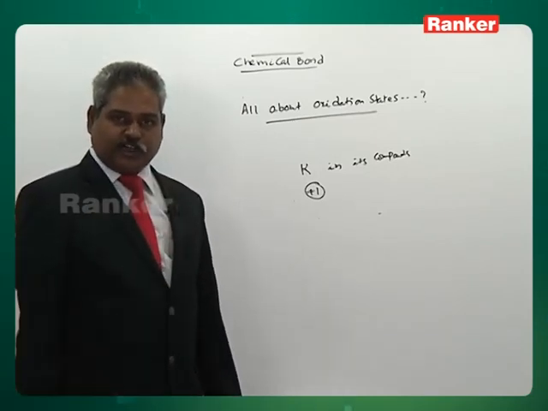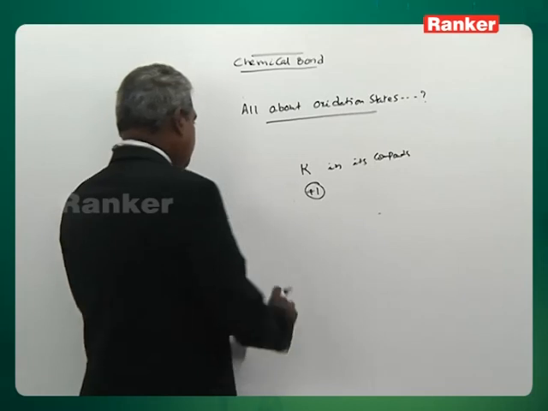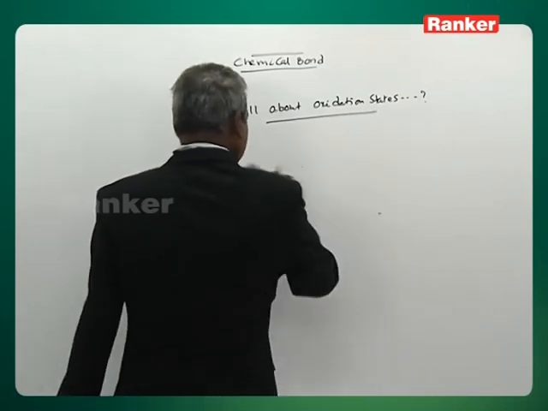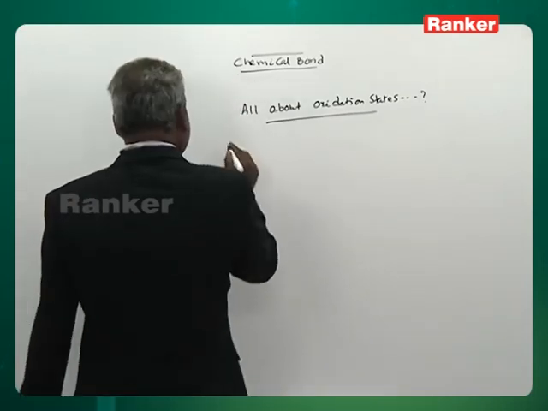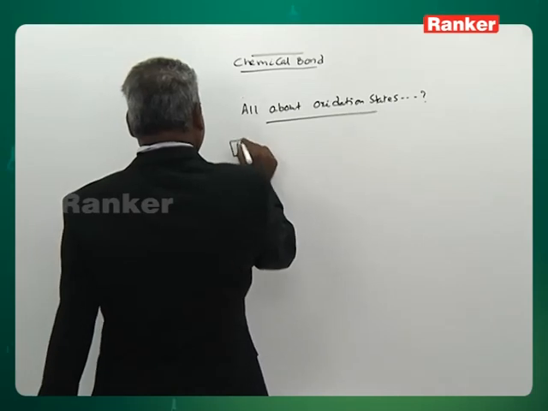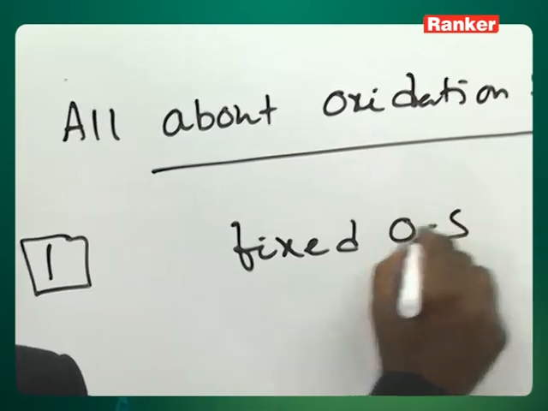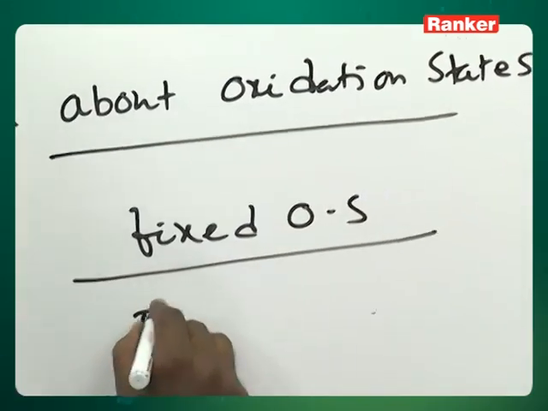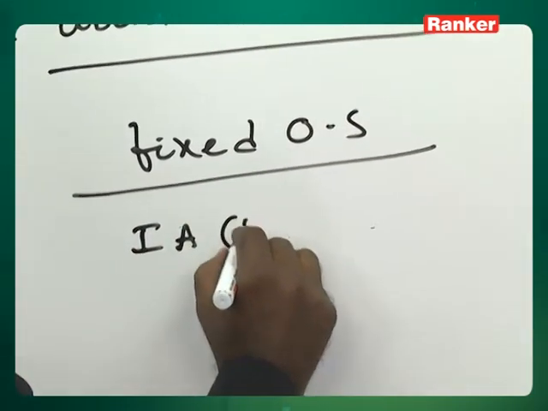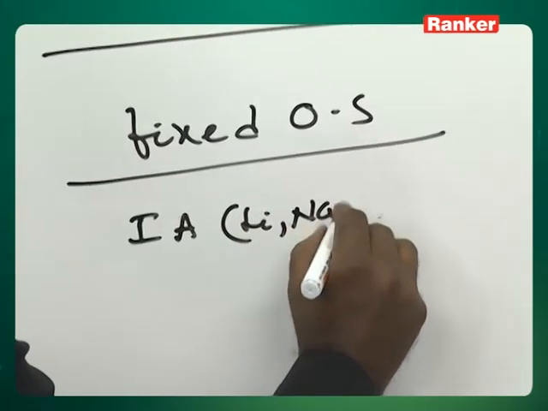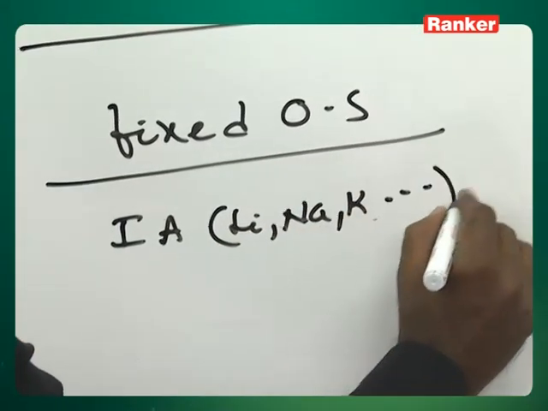So let us first draw the rules. Which elements have fixed oxidation states? Fixed oxidation states. 1A, elements of 1A, lithium, sodium, potassium, etc.